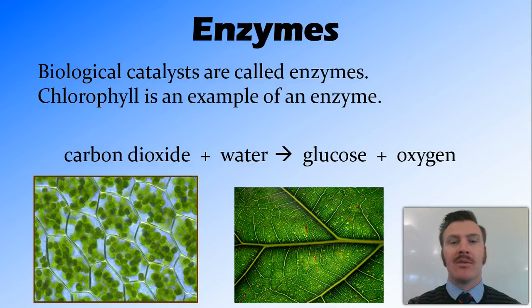We're not going to have glucose and oxygen form from that. We're going to have the chlorophyll there as the enzyme or the catalyst that allows that reaction to occur. So we write the chlorophyll above the arrow. And we also need the energy from the sun as another catalyst for this reaction. And that's why we write chlorophyll and sunlight on the arrow rather than in the reactants or the products.